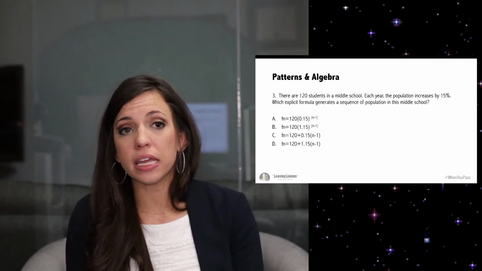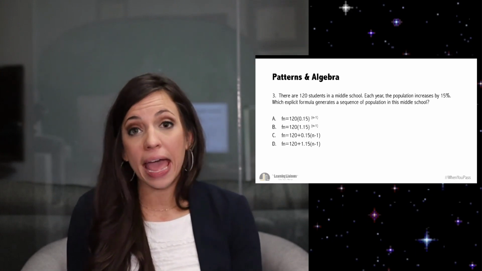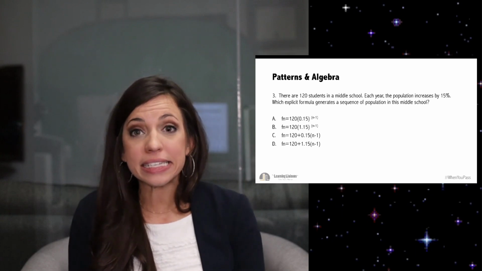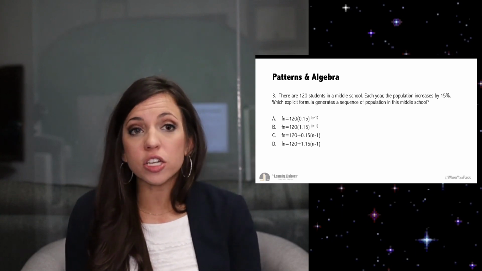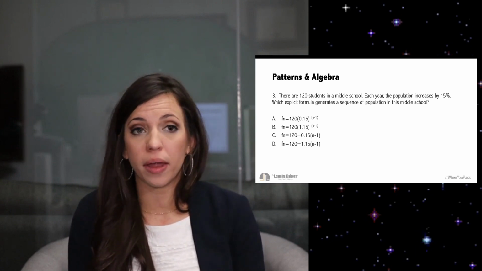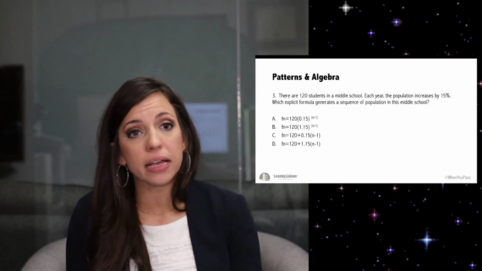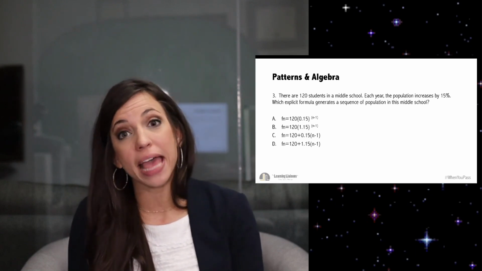B, function equals 120 times 1.15 to the n minus 1 power. C, function equals 120 plus 0.15 times n minus 1. D, function equals 120 plus 1.15 times n minus 1. Go ahead and solve it.